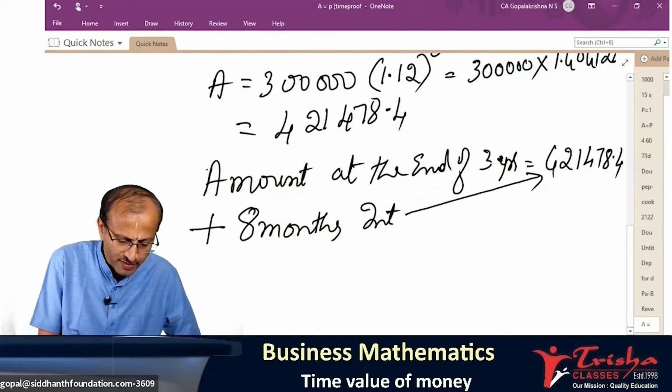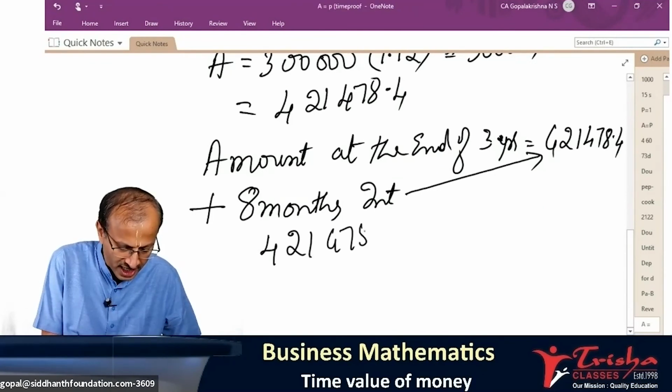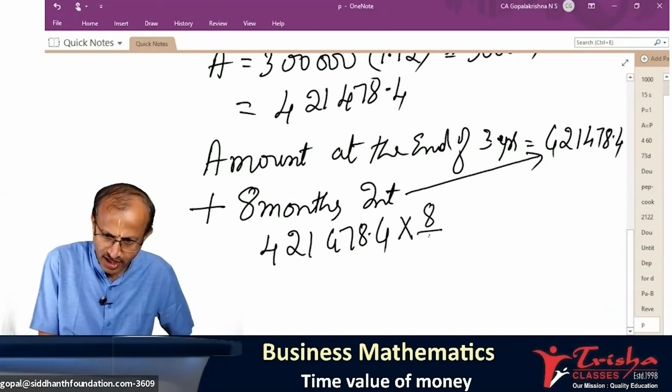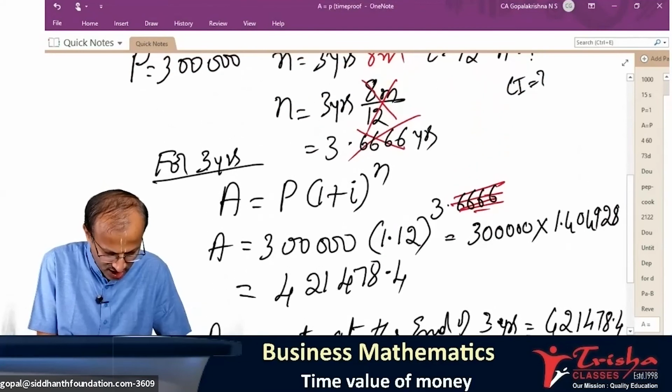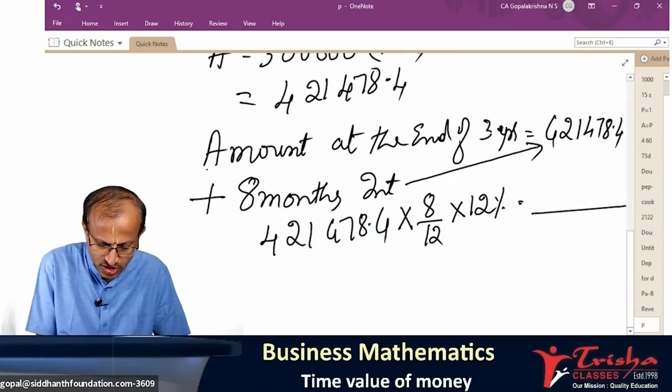So how do you do the 8 months' interest? 4,21,478.4 into 8 by 12 into the interest rate, 12% or 0.12. All of you work out and tell me how much should be added.